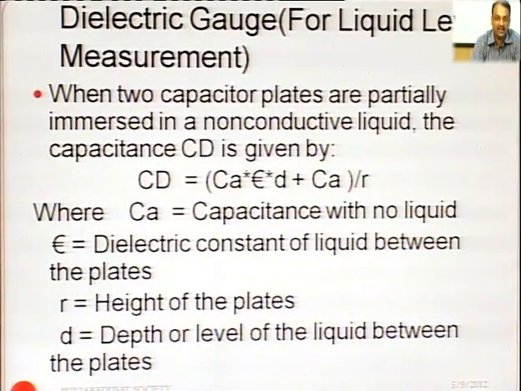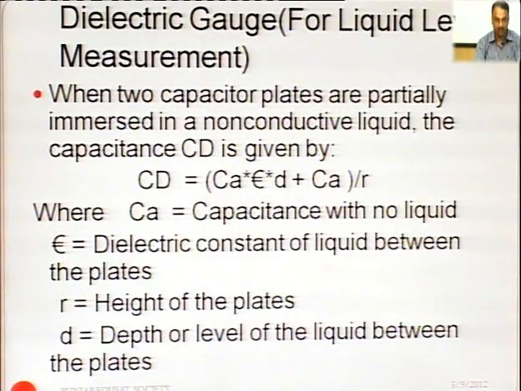When two capacitor plates are partially immersed in a non-conductive liquid, the new capacitance CD is given as Ca multiplied by epsilon multiplied by D plus Ca divided by R, where Ca is the original capacitance without any liquid, epsilon is the dielectric constant of the non-conductive liquid, R is the height of the plates, and D is the depth or level of the liquid between the two plates.